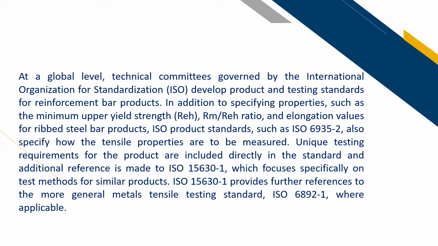Unique testing requirements for the product are included directly in the standard, and additional reference is made to ISO 15630-1, which focuses specifically on test methods for similar products. ISO 15630-1 provides further references to the more general metals tensile testing standard, ISO 6892-1, where applicable.